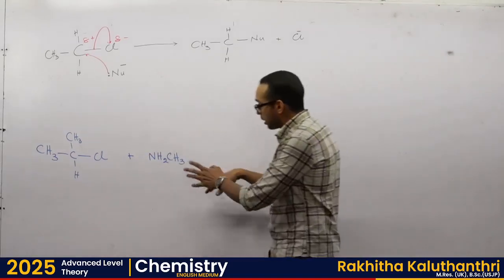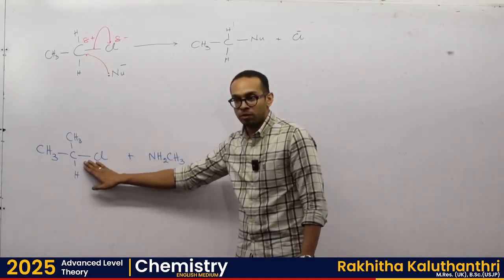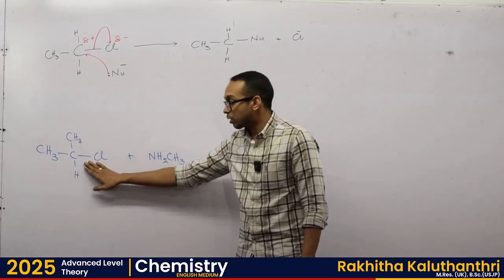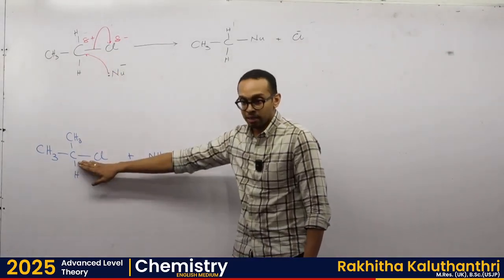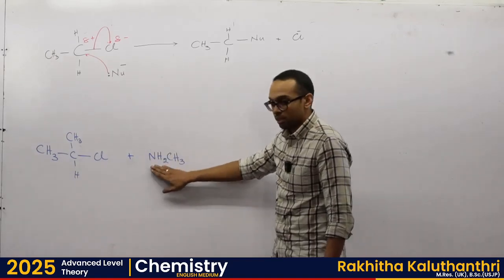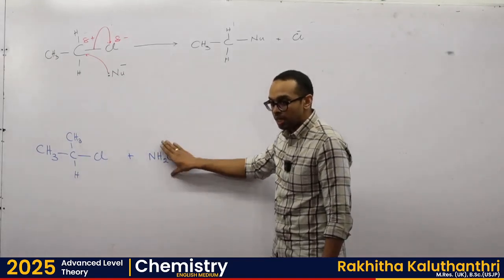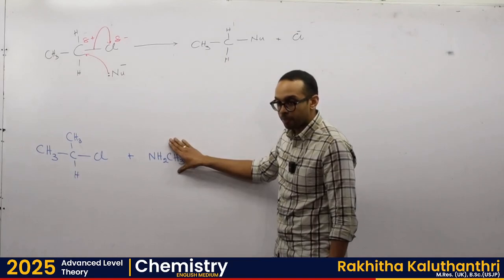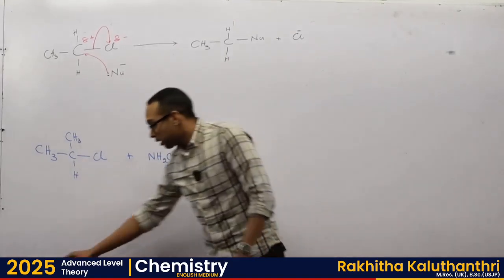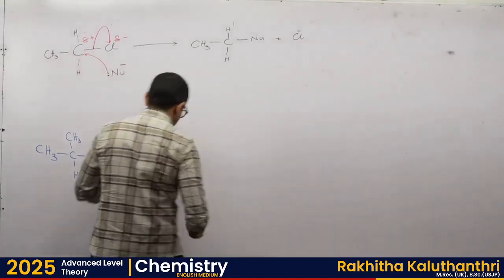So this is the molecule that we are considering, which is an alkyl halide. So the alkyl halide is reacted with another substance. Is this a nucleophile? The answer is actually written, we have written it like so.